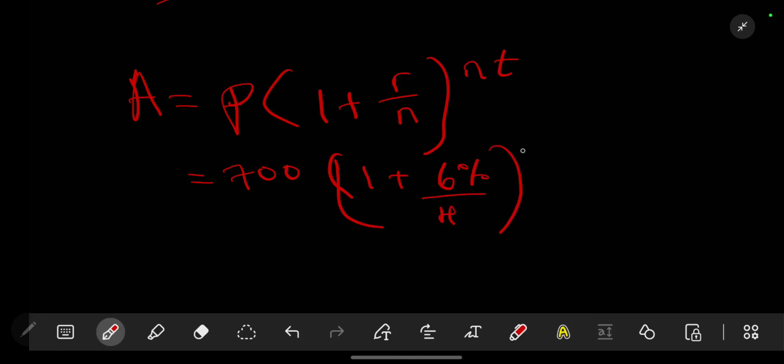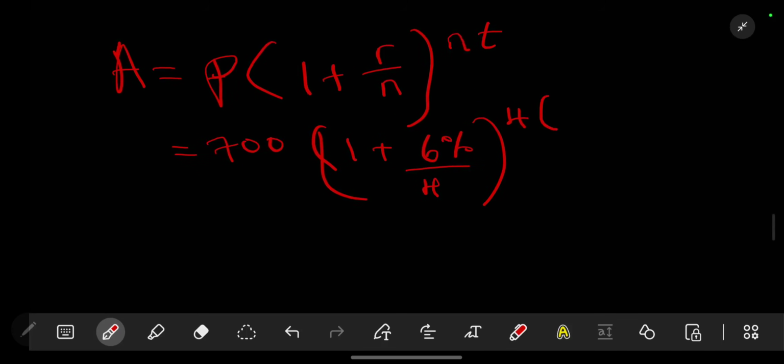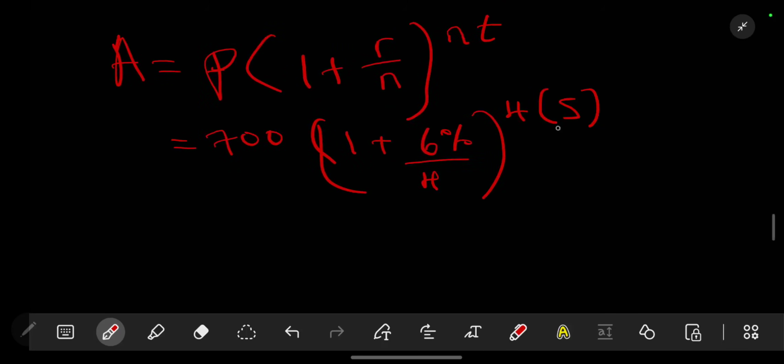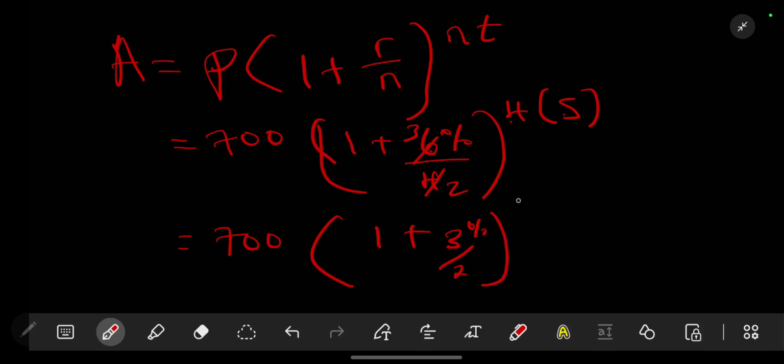So we have 700 times 1 plus 6 divided by 4, which is 3 over 2%, then to the power 4 times 5, which is 20.